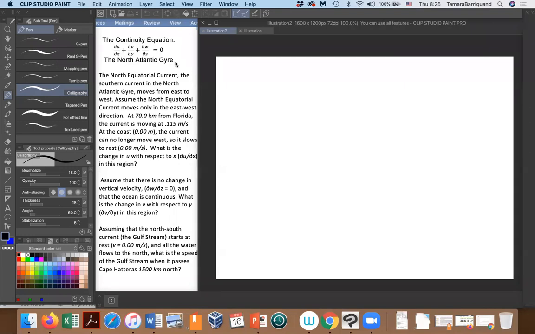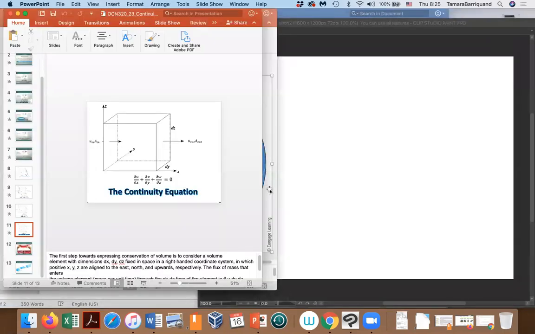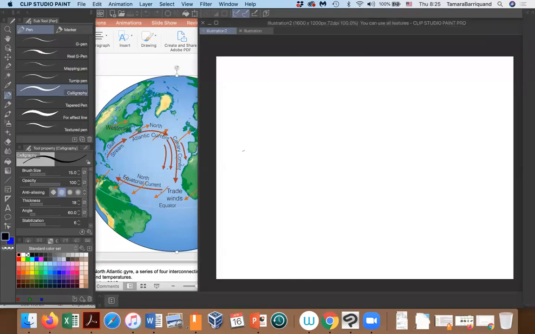The first thing we see here is that the North Equatorial Current, the southern current in the North Atlantic Gyre, moves from east to west. First I want to get a reminder of what that looks like.